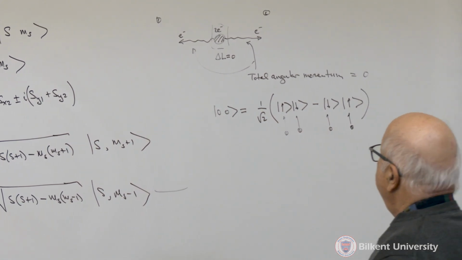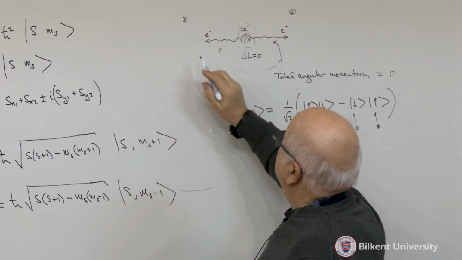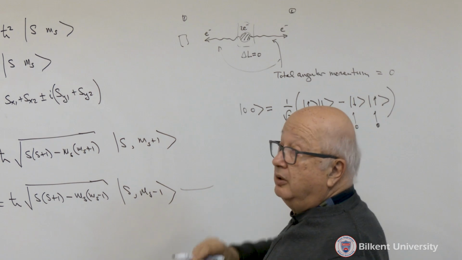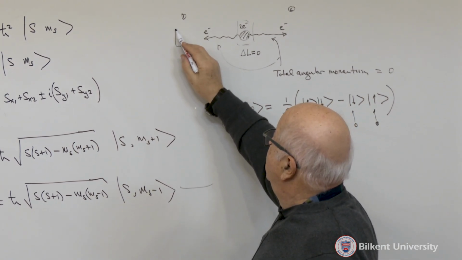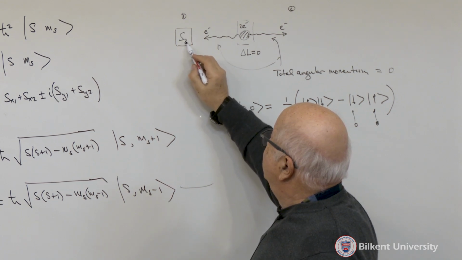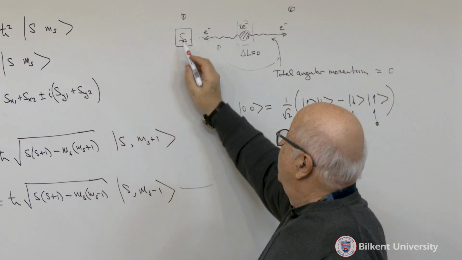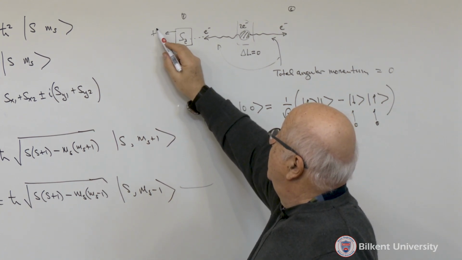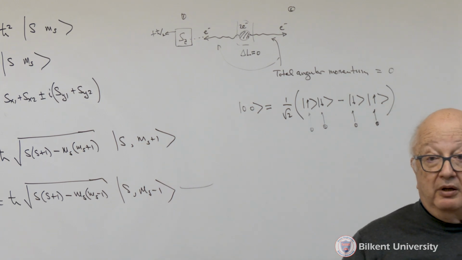So now I make a measurement here of sz. And I find out that it's plus h bar over 2. What does that mean?